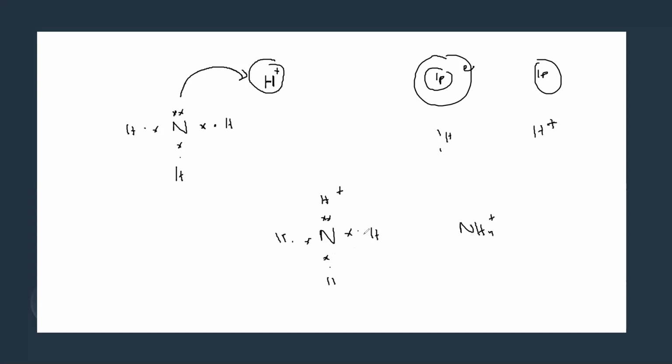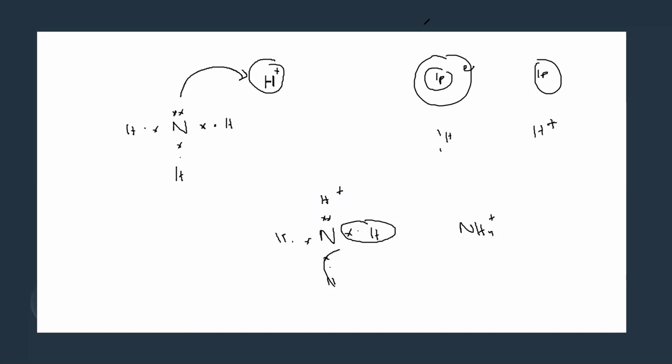You can see that this hydrogen is stable, nitrogen is already stable, and this hydrogen is also stable because it has 2 electrons, even though there is a charge, so that makes it stable.